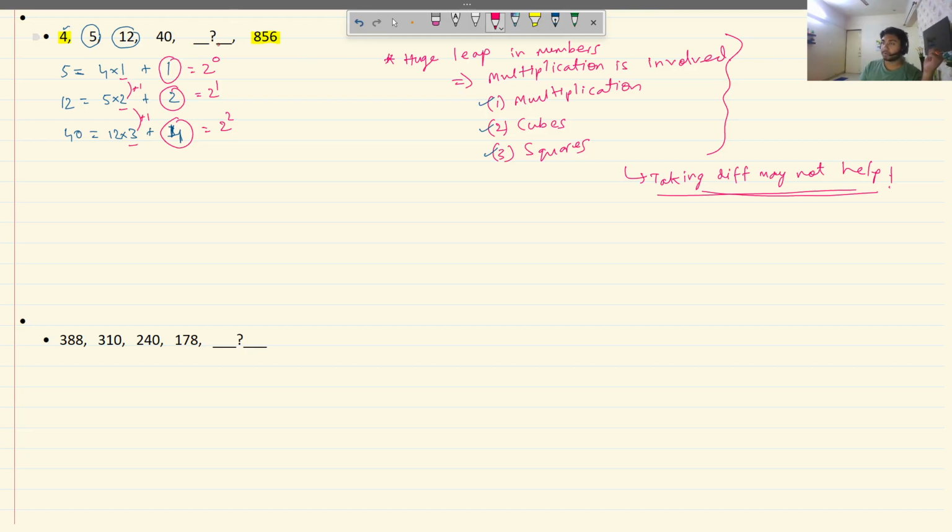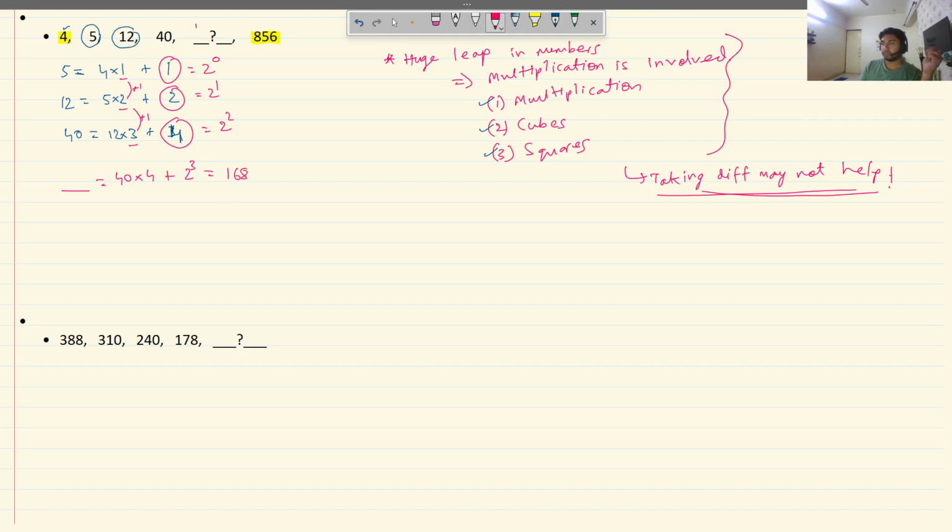So the missing number would be 40 into 4 plus 2 to the power 3. Let's see, 40 into 4 is 160 plus 8 is 168.